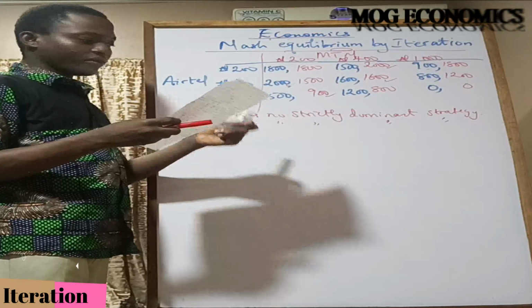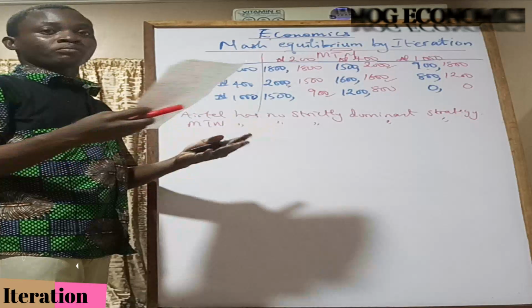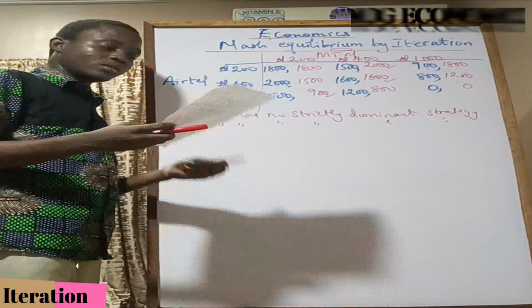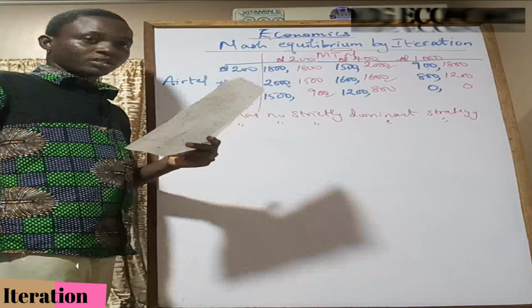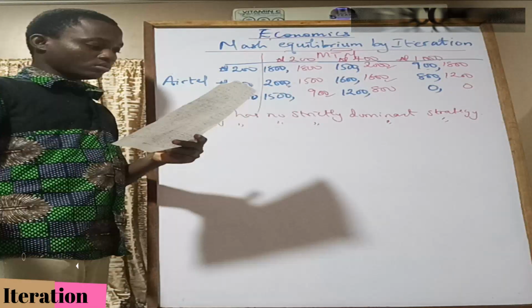It says define strictly dominated strategy. It is a strategy that gives a player the worst payoff among his own set of strategies, considering the different moves that the other player in the game takes.